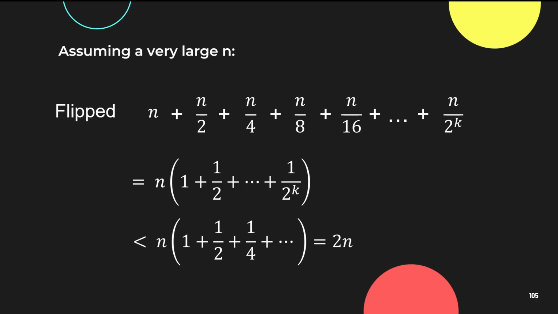If I combine everything here, this series forms a geometric progression, but it will still be less than the infinite series of 1/2, 1/4, 1/8, 1/16. And this infinite series, 1 plus half plus 1/4 plus 1/8, is equal to 2. So the maximum number of bits I flip, if I continue through all of my operations, will be 2n.